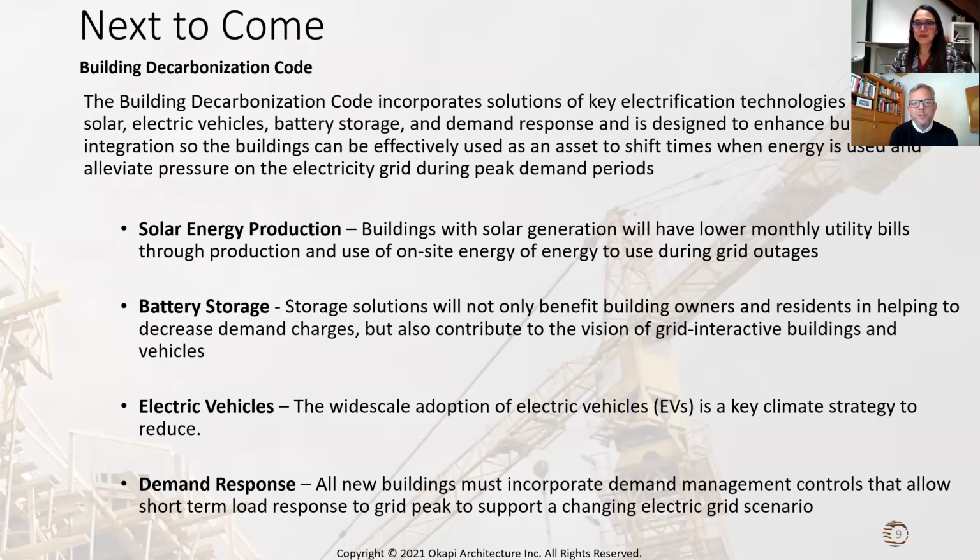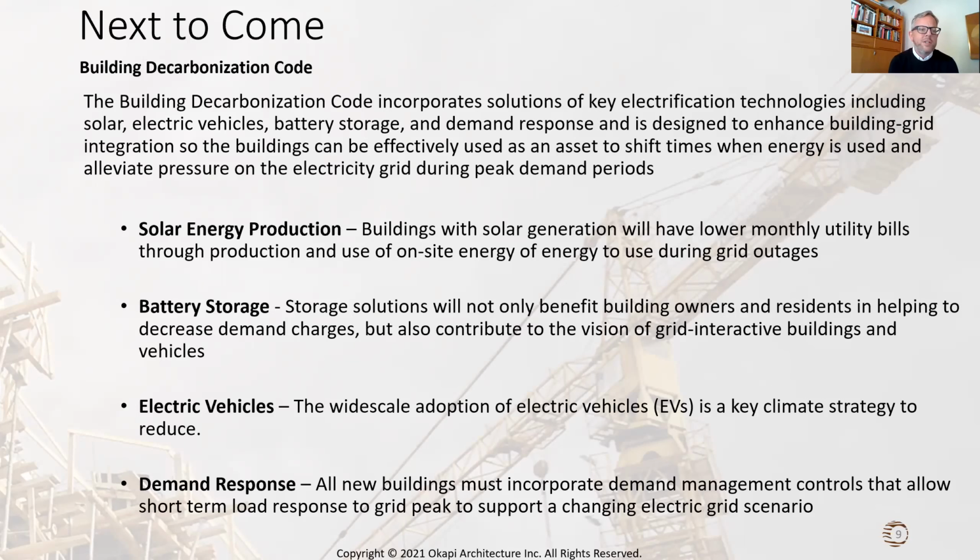And then electric vehicles. CALGreen has requirements around EVs that I think we'll talk about, but that's only going to intensify. Those kinds of infrastructure decisions will have major impacts on the size of the electrical service and the gear.